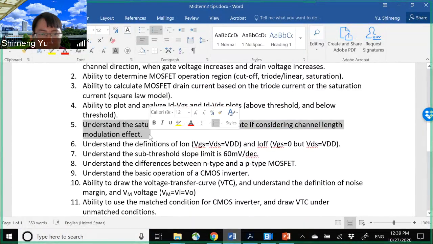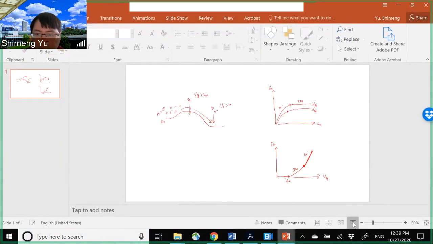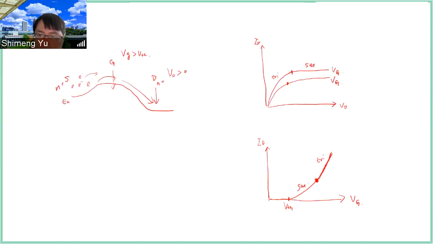So understand the saturation current will not saturate if considering channel length modulation effects. So that is to make the current still go up in the saturation. This is the channel length modulation effect. This happens when you consider the pinch-off point of the channel.